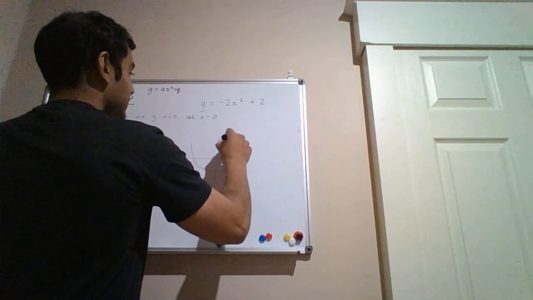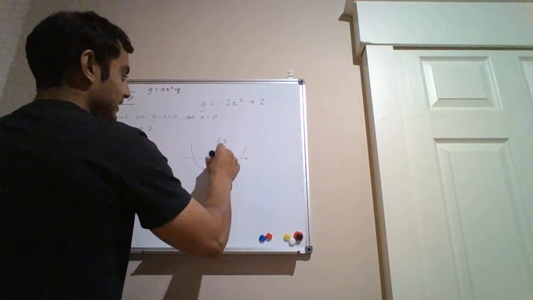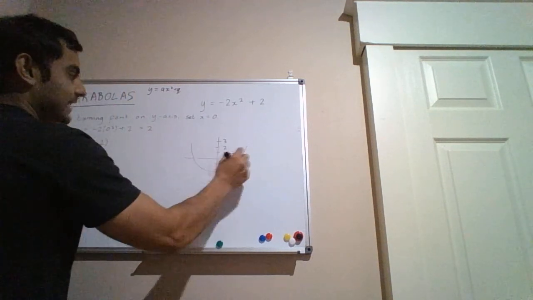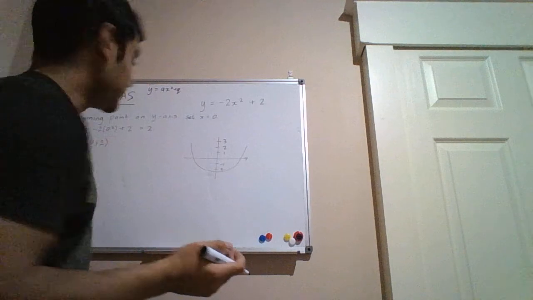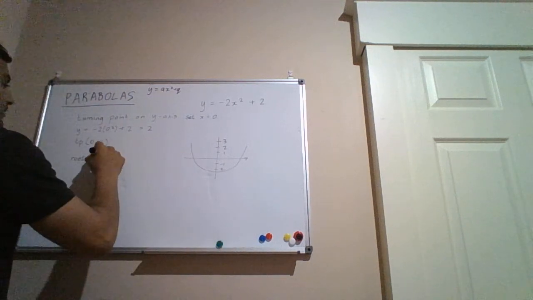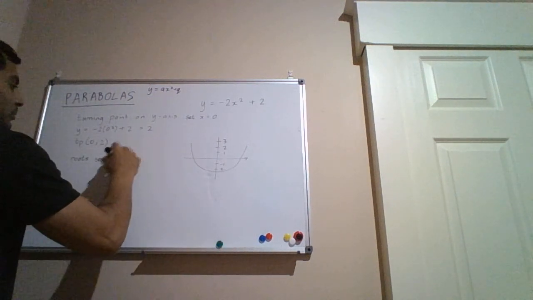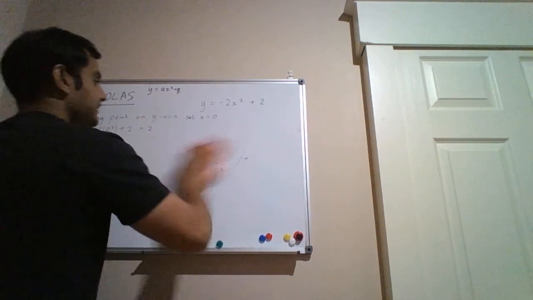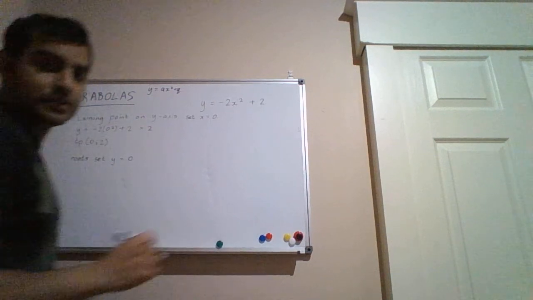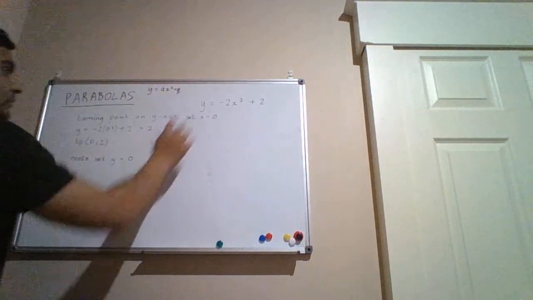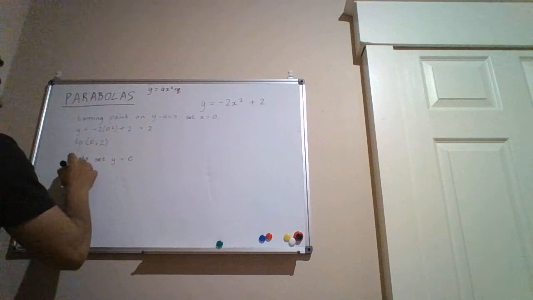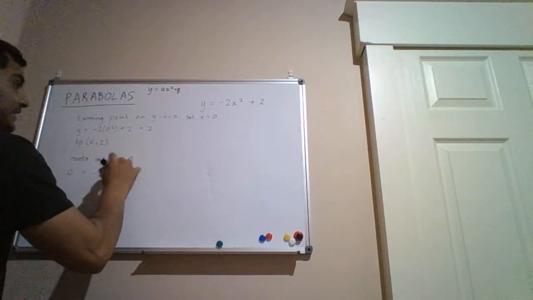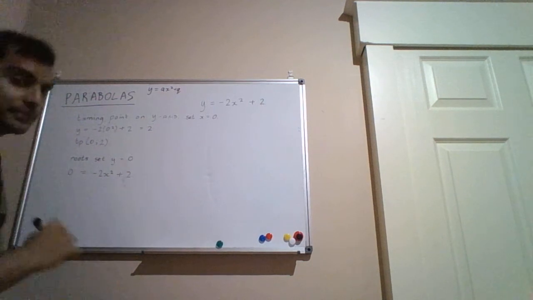So if y is going 3, 2, 1, 0, and then minus 1, minus 2, the x-axis sits where y equals 0. So to find the roots, set y equal to 0. So going back to this equation, we're going to substitute 0 where we see the y. So we get 0 equals minus 2x squared plus 2.